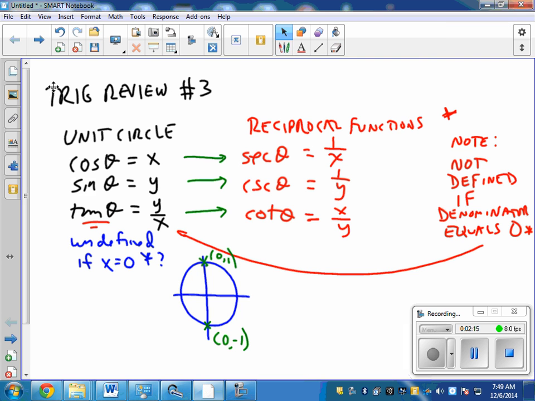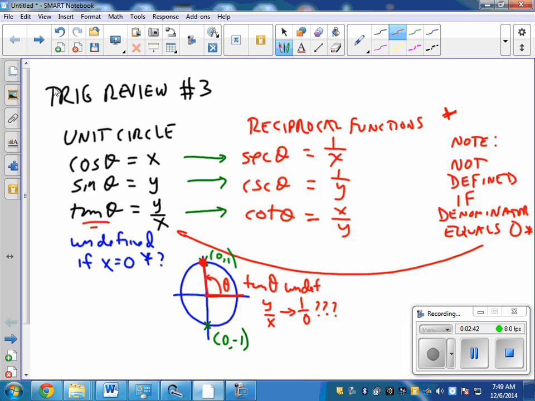So if we actually had an angle that had a terminal point at the top of the circle, and we asked what was the tangent of that angle, we would have had problems. So the tangent of theta in this case would have been undefined, right? Because the ratio of y over x would have led to the nonsensical expression 1 over 0, which doesn't mean anything at all in mathematics.